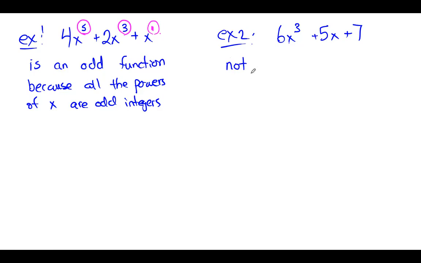I just said no, so the other option is, okay, well, it's not an odd function. Why is this? Yeah, because this is a constant here, right? The 7 is a constant, so it's like there's 7 times x to the power 0.